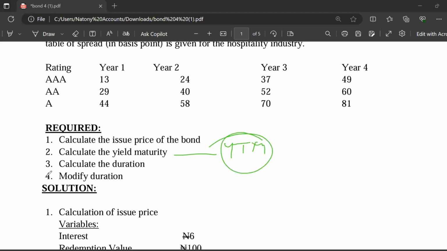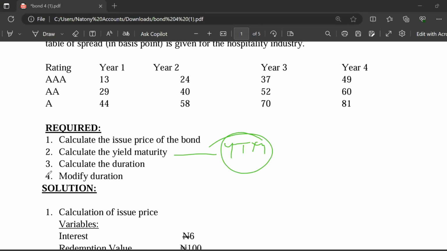So the YTM is the single rate that you will use to discount the cash flow so that at the end of the bond duration, the present value of the cash flows will give you 0.